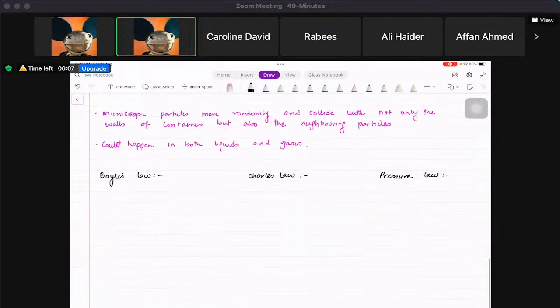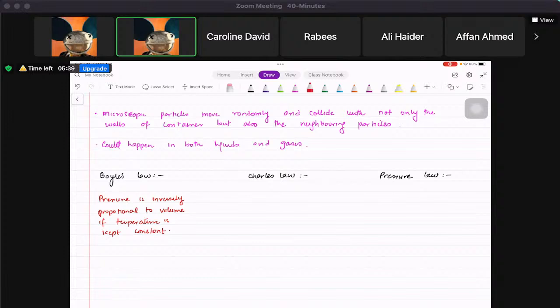So Boyle's law states that pressure is inversely proportional to volume if temperature is kept constant. What it means is that pressure is inversely proportional to volume.